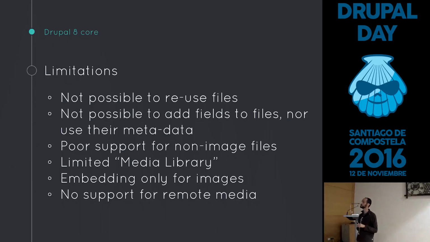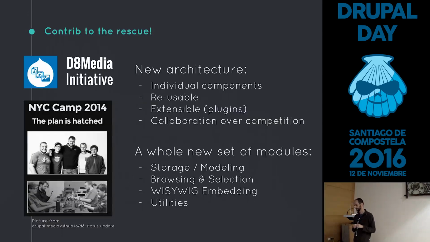So to solve this, as often happens in Drupal, we have contrib that gives us what we are missing from Drupal core. There was a moment in time that people considered to be an inflection point, a decisive moment where they started to consider that from this moment on, media in Drupal 8 is different.